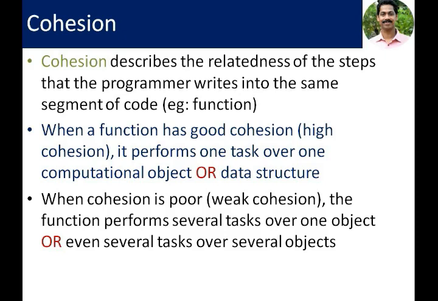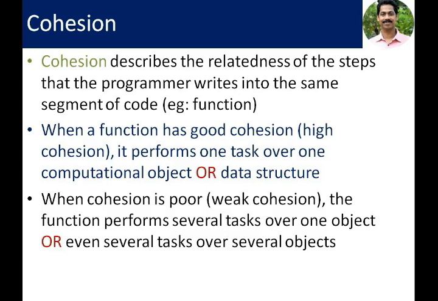Cohesion means a related set of statements should be grouped into a single function. If it follows a poor cohesion, the function performs several tasks. That means a group of tasks is combined into a function. That is not understandable to others.